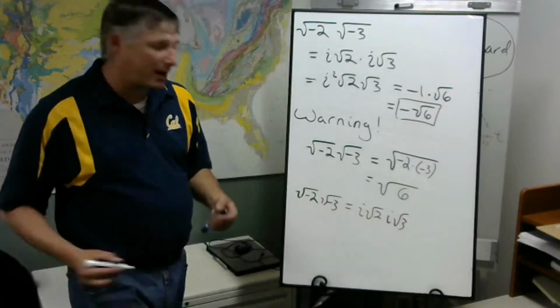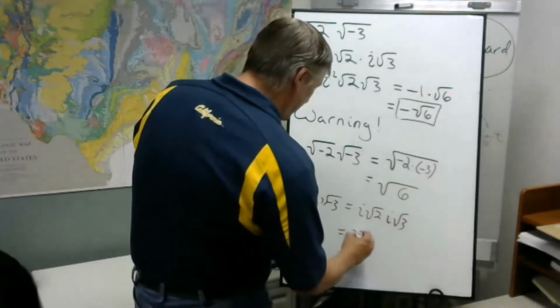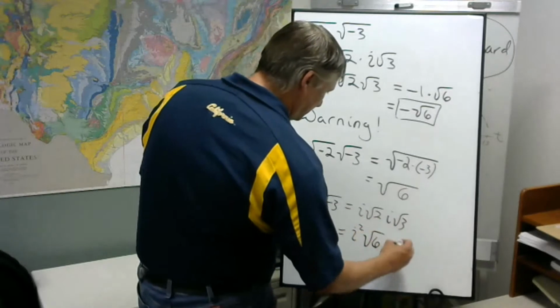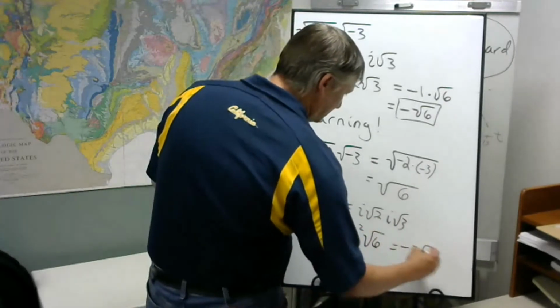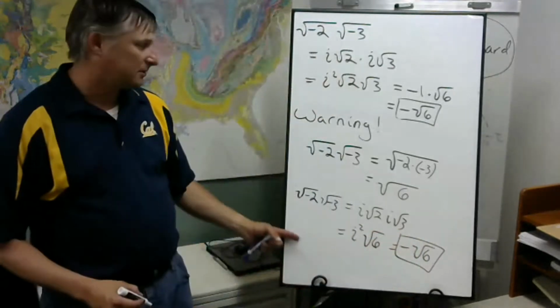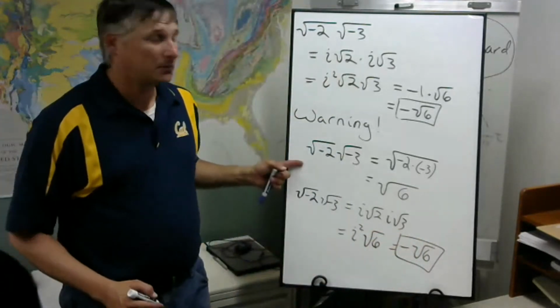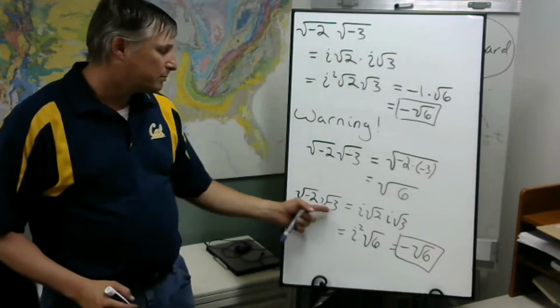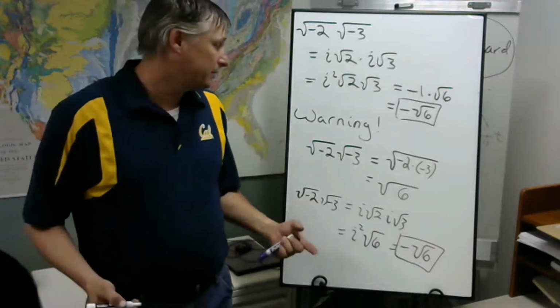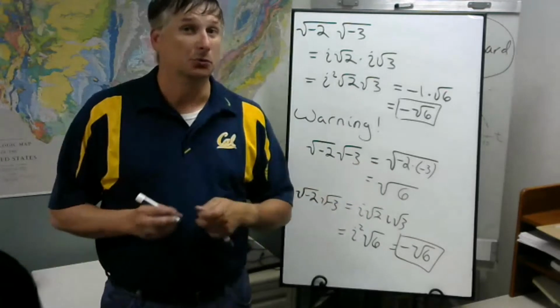Now these are correct. These are i numbers, and so we'll get i squared. You can now combine the square roots to get negative square root 6. This is the right way to do this. This is not the right way to do this. So we don't want to accidentally remove the i nature of these numbers, which we can do by combining them too soon.